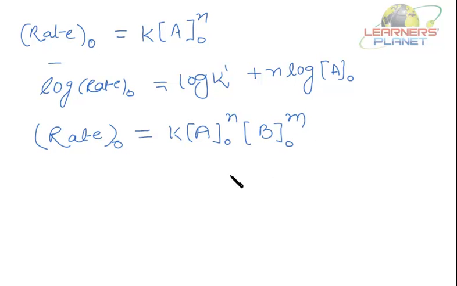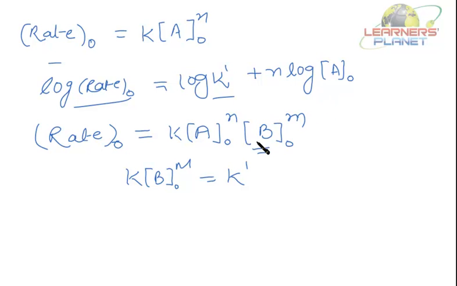Now here B we are taking as constant, so K B naught to the power m can be taken as a constant, and let's take it as K dash. So this will be the expression for the initial rate of the reaction with respect to A.